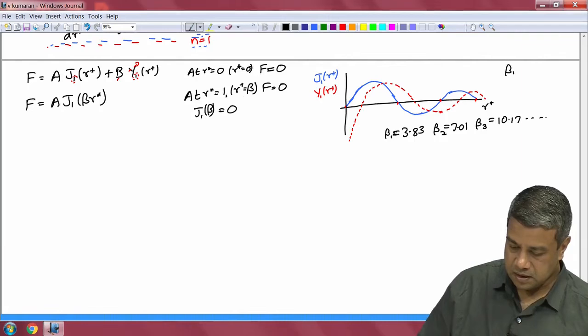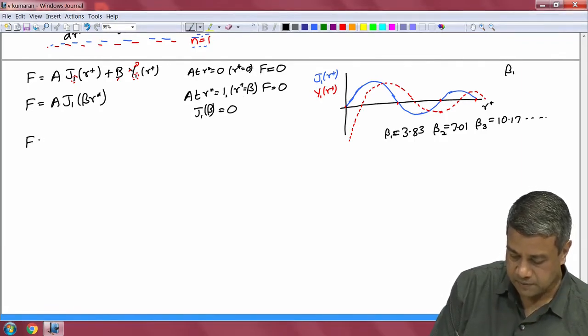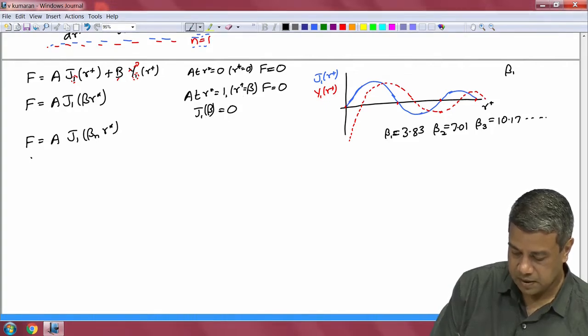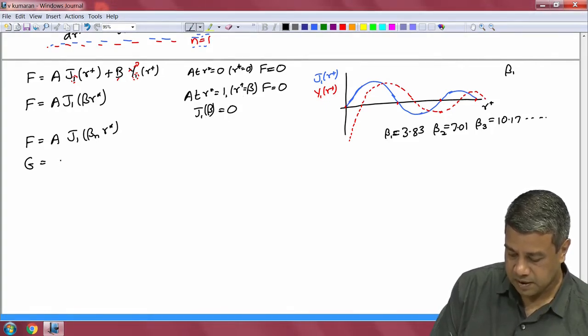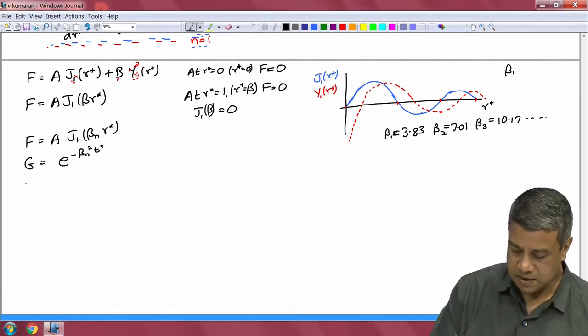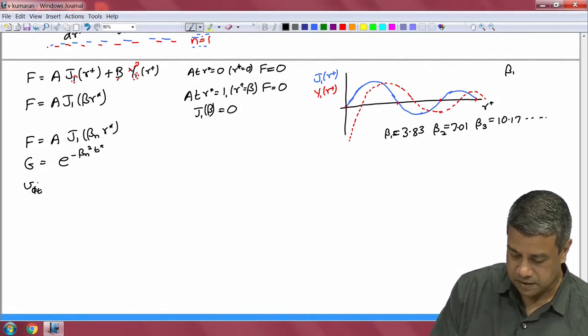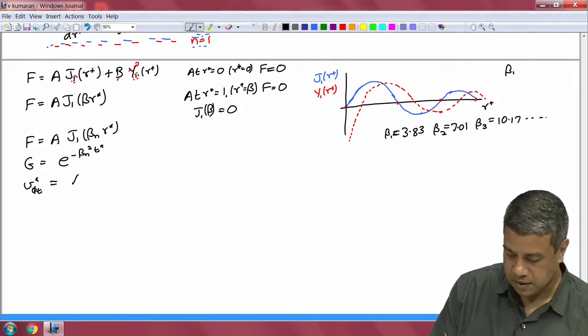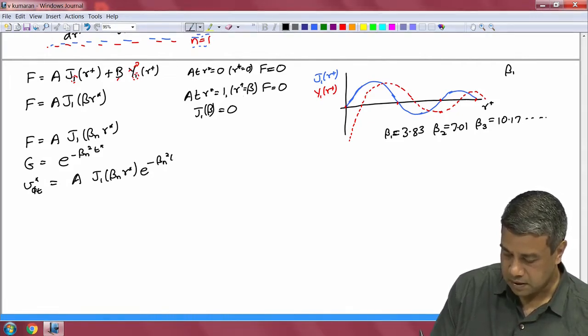Therefore, f has to be of the form a times J1 of beta n r star. G has to be of the form e power minus beta n square t star, which means that the transient part of the velocity field has got to be equal to a times J1 of beta n r star times e power minus beta n square t star.